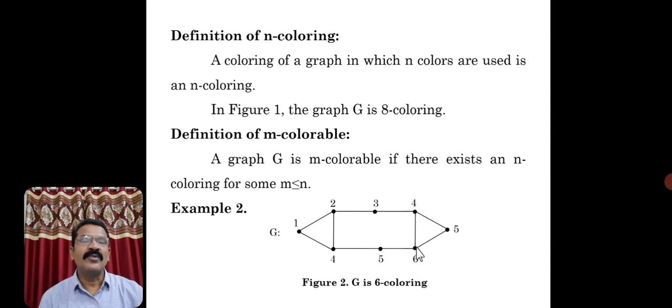That's why, so these two vertices are adjacent. So I cannot use the 6th color, but I can use the 5th color, isn't it? Why not? You can use the previous color, previous in the sense which is not adjacent to this vertex. So this vertex has been assigned the 6th color.